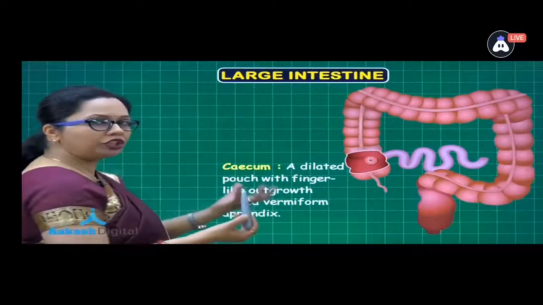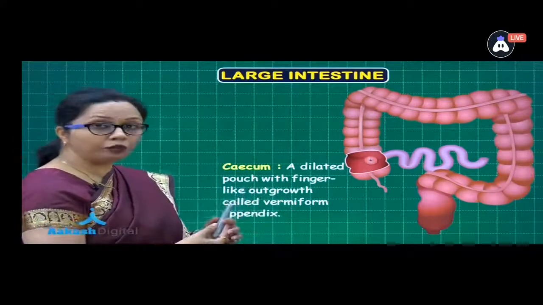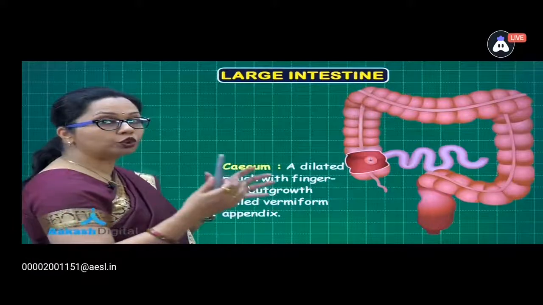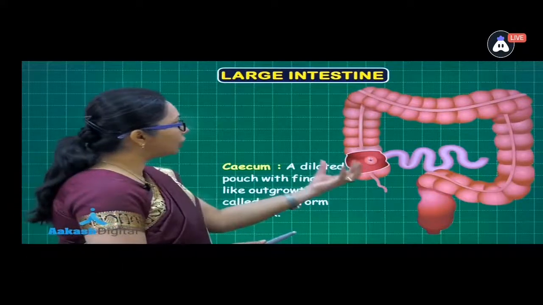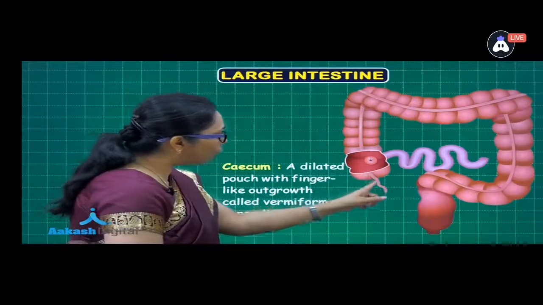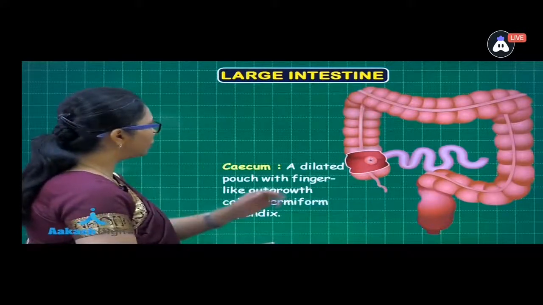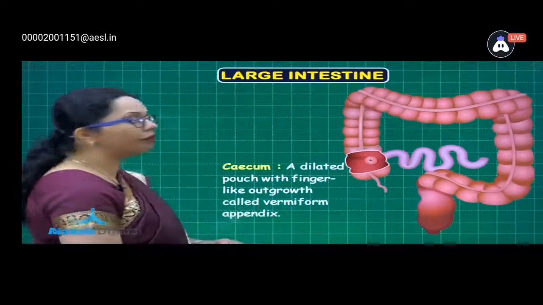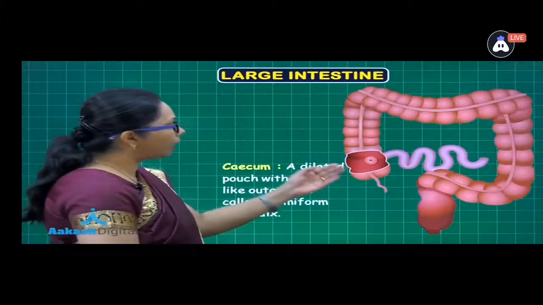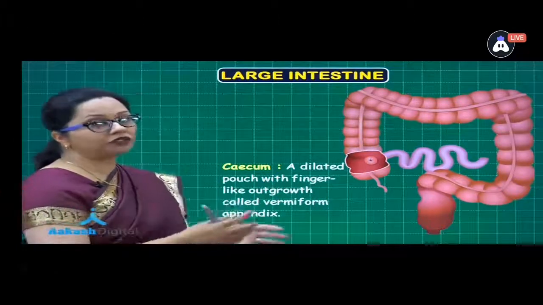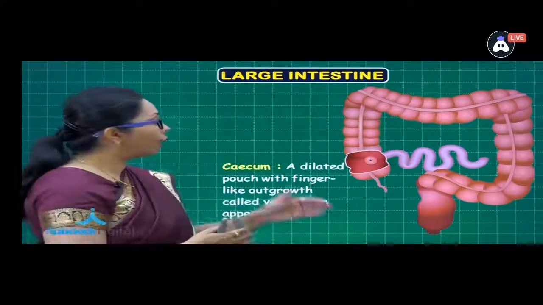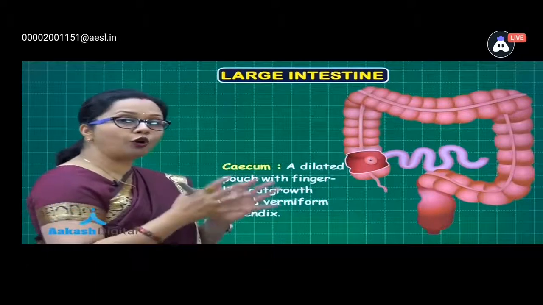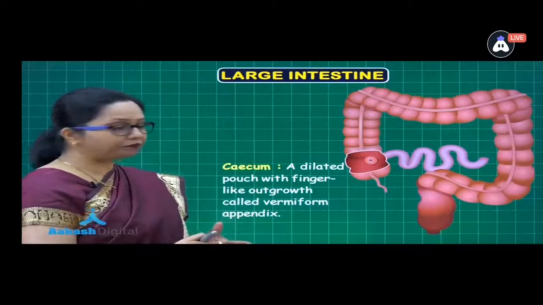In our case it is very small, but in herbivores the cecum is quite large, where fermentation of cellulose takes place. This cecum gives out a small finger-like projection, an outgrowth called the vermiform appendix. In our case, as far as digestion is concerned, the vermiform appendix is a vestigial structure. But it is also filled with lymphoid tissue.